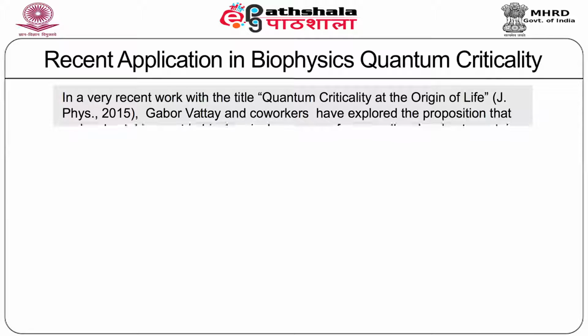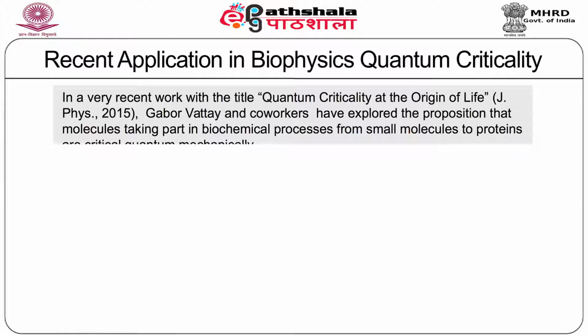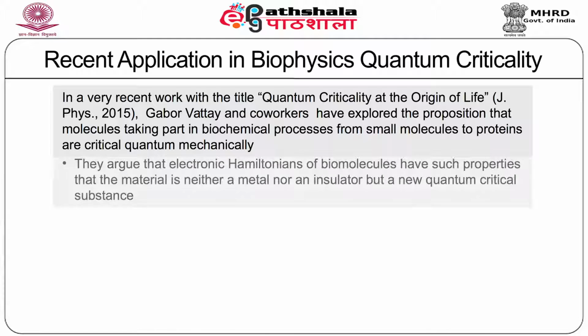In a very recent work with the title Quantum Criticality at the Origin of Life, which appeared in Journal of Physics in 2015, Gabor Vatte and co-workers have explored the proposition that molecules taking part in biochemical processes from small molecules to proteins are critical quantum mechanically. They argue that electronic Hamiltonians of biomolecules have such properties that the material is neither a metal nor an insulator but a new quantum critical substance.